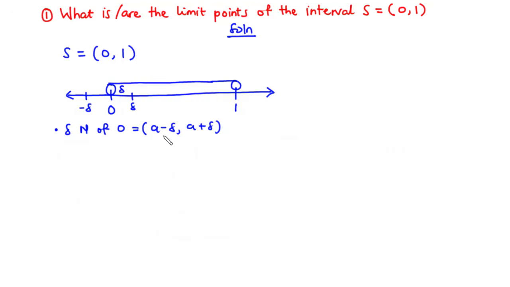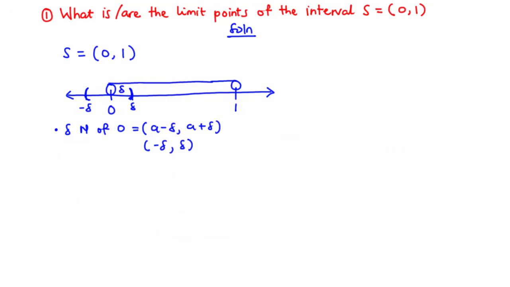Now in place of A, we have 0. So 0 minus delta becomes negative delta, and then 0 plus delta becomes delta. So that is the open interval negative delta, delta. So this is the interval given by the delta neighborhood of 0.